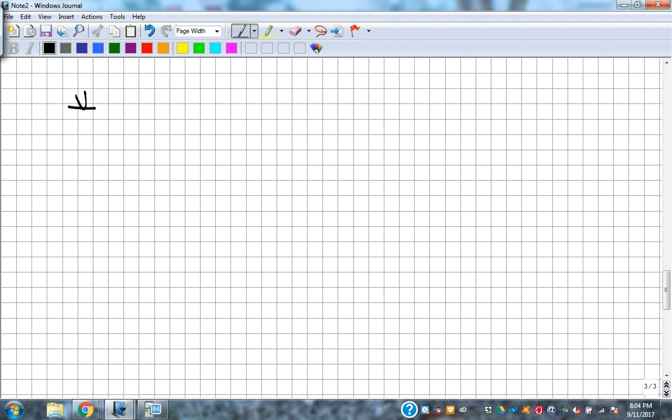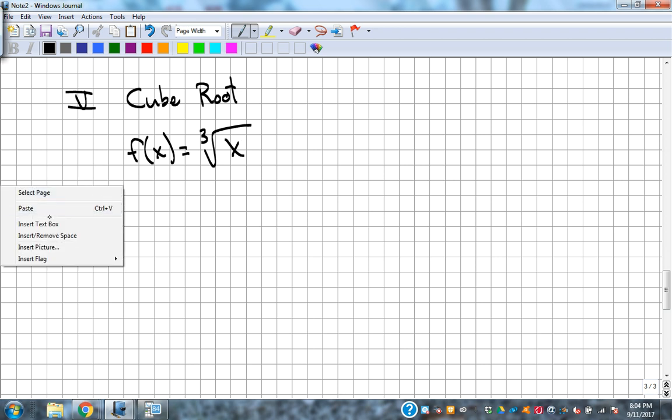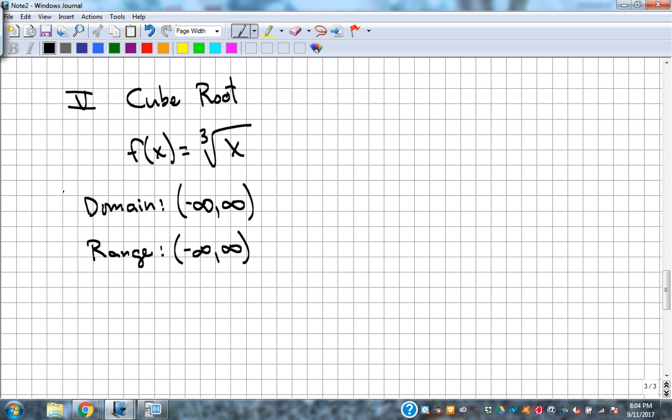All right. Same idea. Go to 5, and we're going to do the cube root function. F of x is the cube root of x. We don't use this one a ton in 100. It comes up in 110 some, but it's very, very similar to the cube. Its domain and range are still negative infinity to positive infinity, both of them.